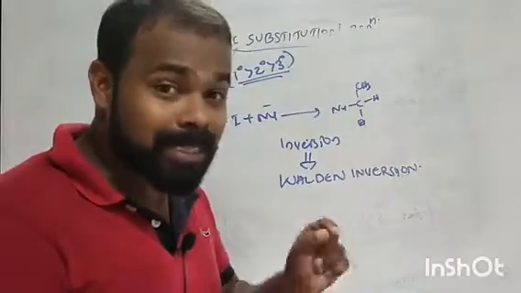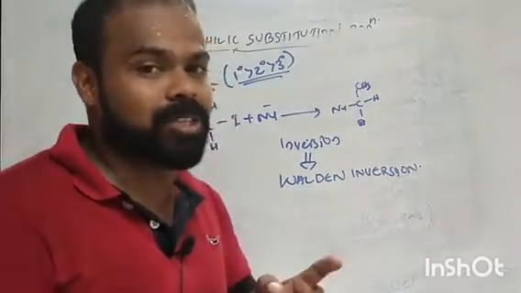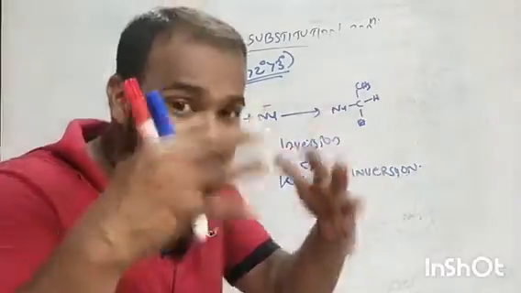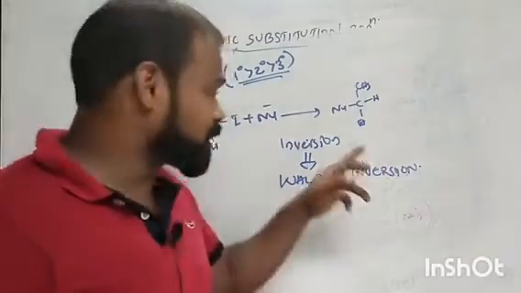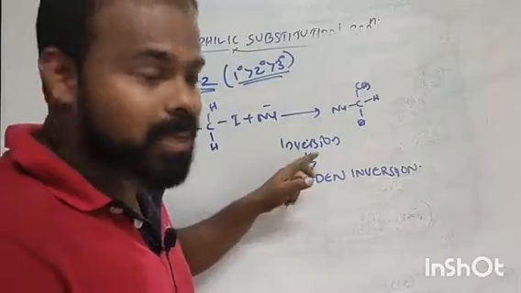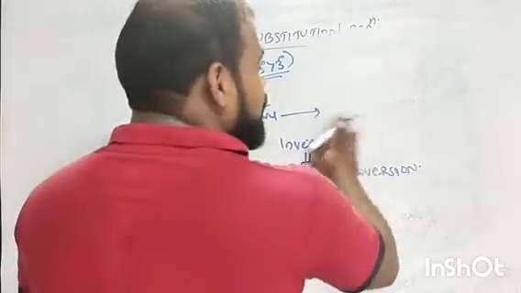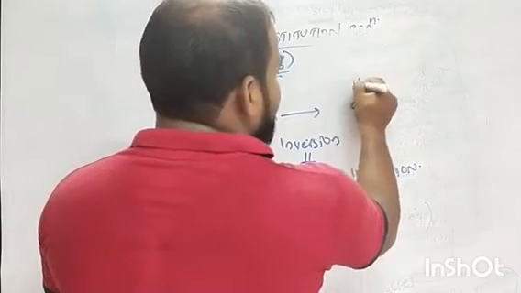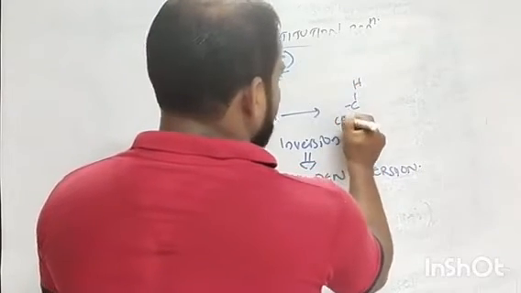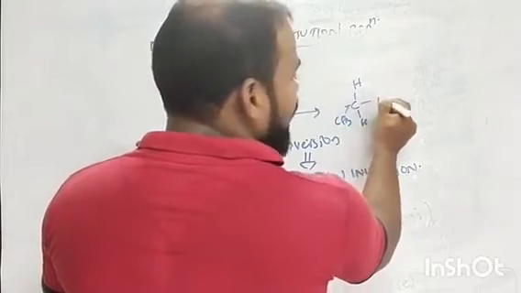Therefore, here the most important factor is steric hindrance. Steric hindrance should be minimum. Then only the process will occur very fast. A transition state will be produced. What is the meaning of transition state here? Here CH, then CH3, then hydrogen, and iodine are there.